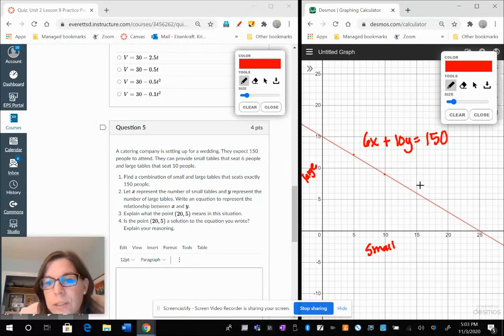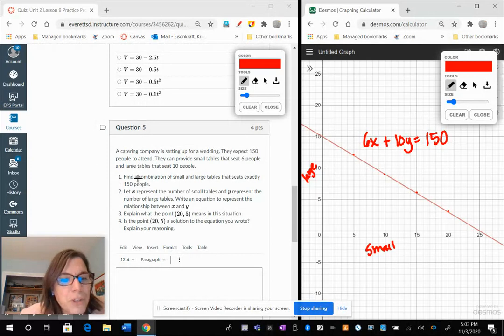And again, you could just keep playing around with the numbers until you figure that out. But the line is so nice. You could do 20 small and 3 big, 15 small and 6 big, 10 and 9, 5 and 12. All of those combinations would make it equal 150.